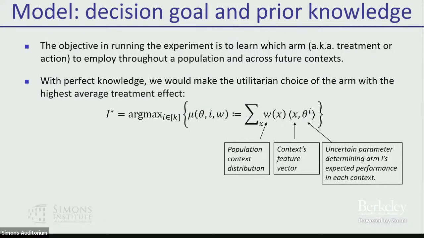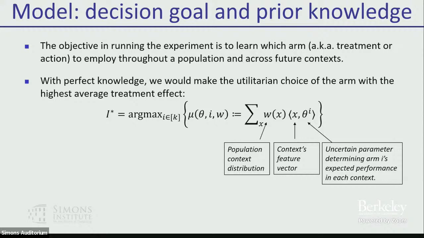So that leads to the following model, which is a contextual version of the best arm identification problem. The objective in running the experiment is to learn which arm to deploy throughout a population, and you will be deploying that arm across all future contexts. So with perfect knowledge, we would make a utilitarian choice, which maximizes the average treatment effect.